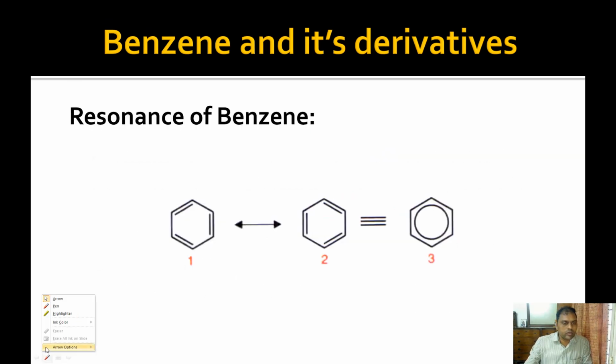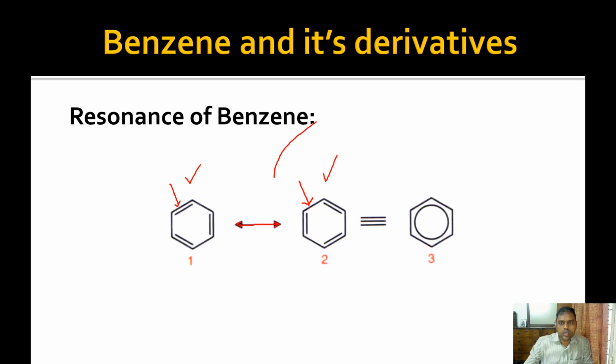Here are the structures. Benzene can be written in these 2 forms. You can see the position of a double bond. Here the double bond is on this position, but at the same position in the other structure you have a single bond. The bonds are alternating, but these 2 structures are the same, and when they are the same, in this resonance structure, you put them in a double arrow.